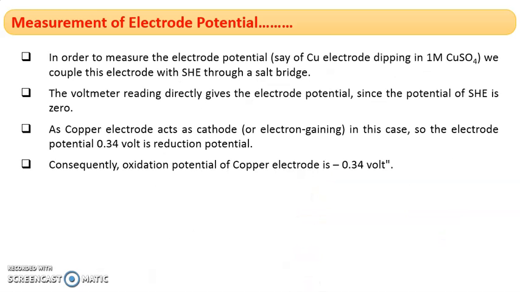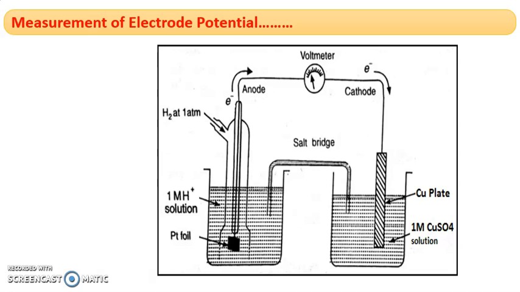As we are maintaining standard conditions, it gives the value 0.34, that is the reduction potential. Why? Because at the sample electrode reduction is occurring, so the potential difference given by the voltmeter is the reduction potential of the sample electrode.